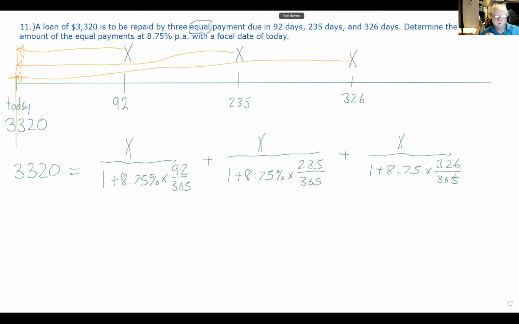And what they're expecting you to do is to factor out this x out of this term.